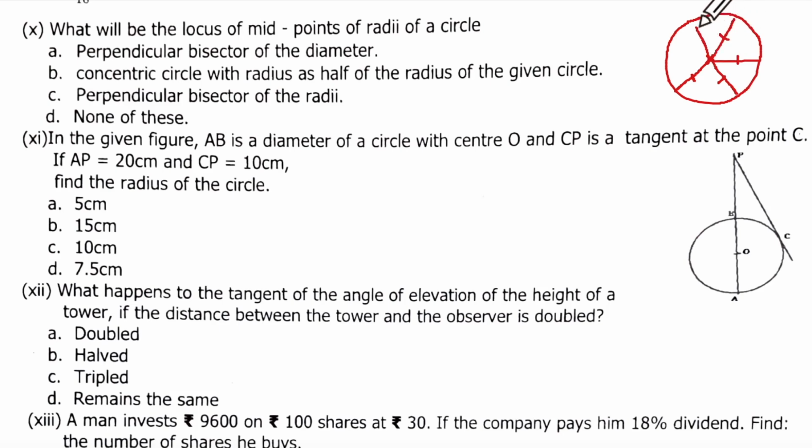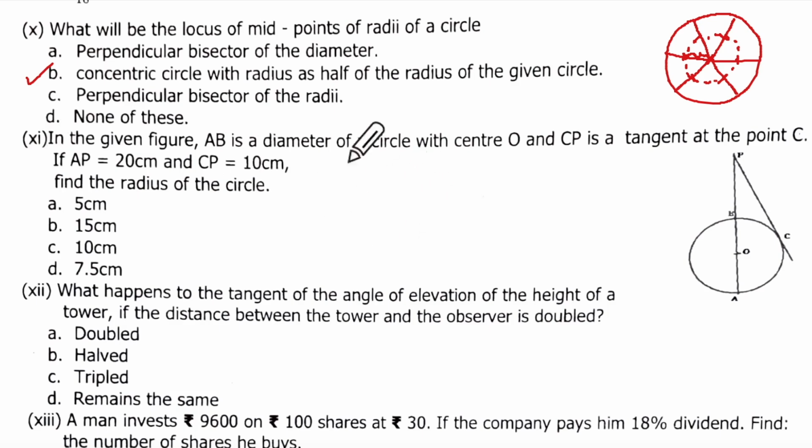I did not see anybody drawing this diagram and then connecting the dots like this. Tell me, what does it look like? It's a concentric circle. How much is the radius of this circle? Half of the earlier radius, no? So which is the correct one? B. So many of you wrote perpendicular bisector of blah blah. Not required. Okay?